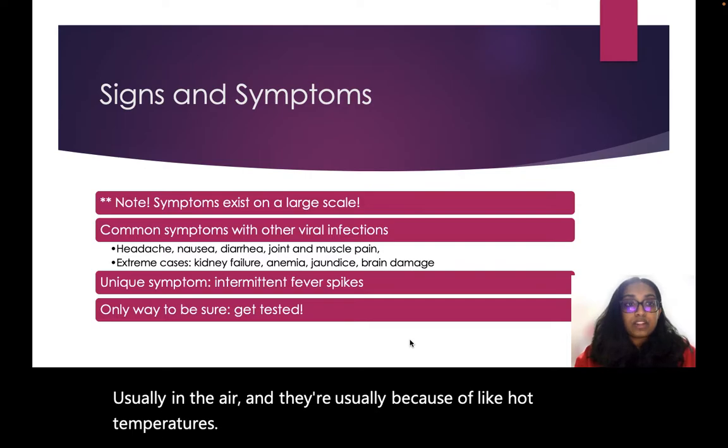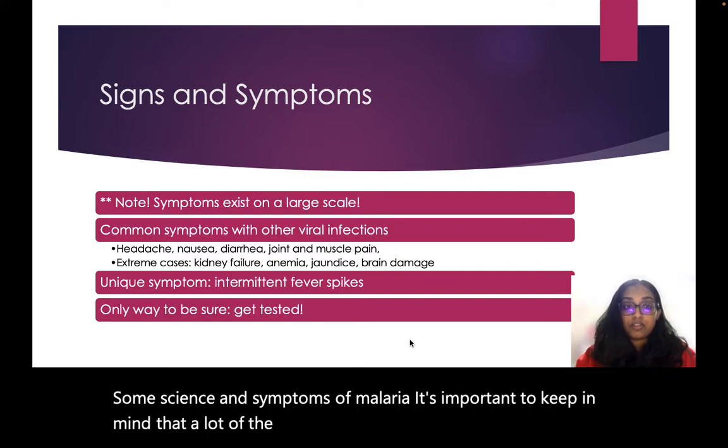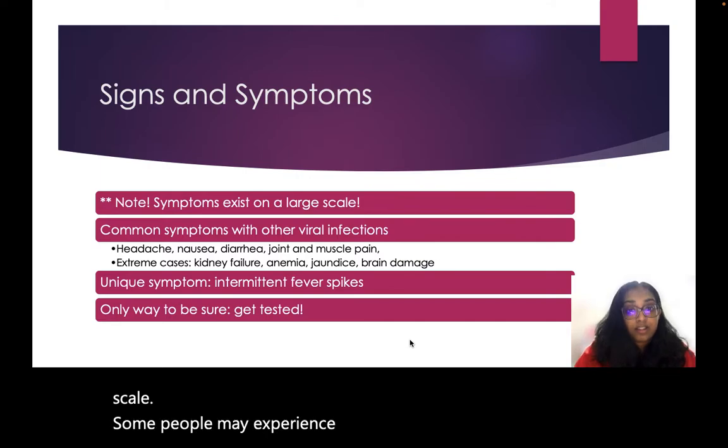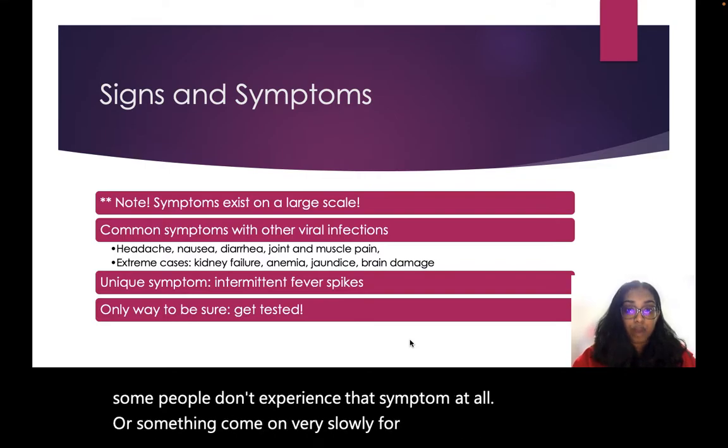So, some signs and symptoms of malaria. It's important to keep in mind that a lot of the signs and symptoms exist on a very large scale. Some people may experience some things that kill them, whereas some people don't experience that symptom at all. Or a symptom could come on very slowly for one person and very rapidly for another person.